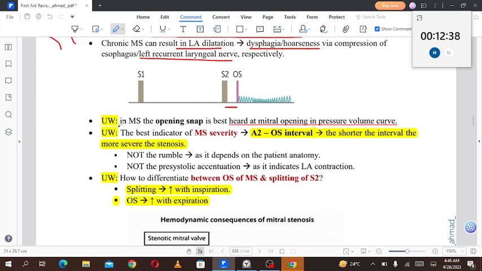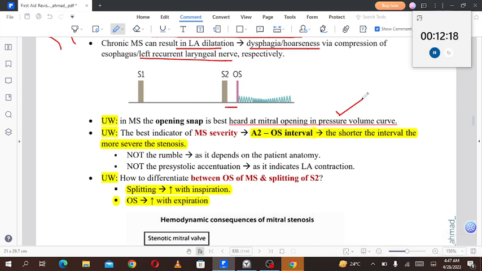Okay, S1 heart sound, we did that. Now, the UWorld point is that in mitral stenosis, the opening snap is best heard at the mitral opening in the pressure volume curve. So the opening snap is best heard when the mitral valve is opened.